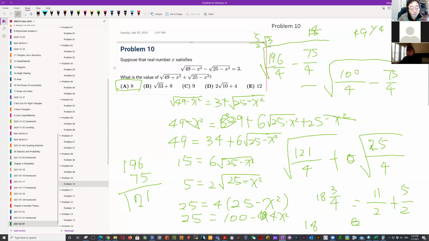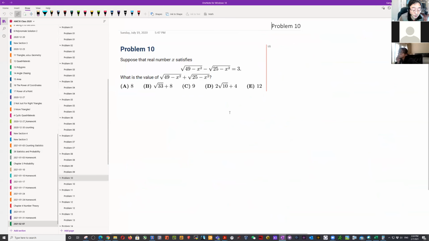This type of problem for me is still about algebraic manipulation, and it's a radical problem. Let me just copy this problem and try to do it again. Radical problems are possibly worth some effort to talk about. Usually it's very hard to handle two radicals.